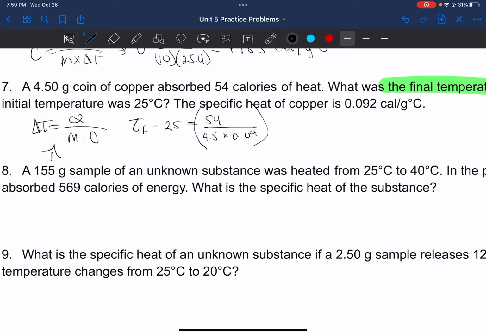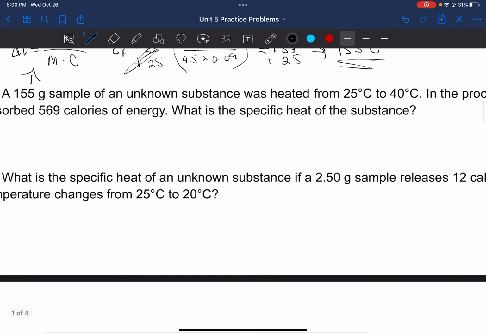First, 54 divided by 4.5 times 0.09, which equals approximately 133. Then to get TF by itself, we add 25, which results in 155 degrees Celsius for our final answer.